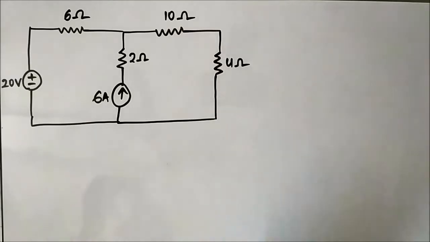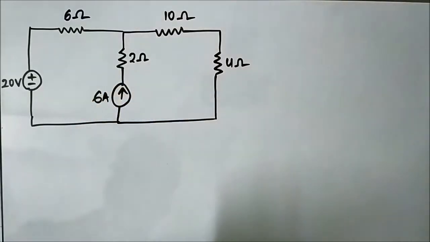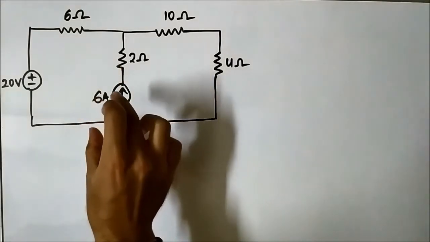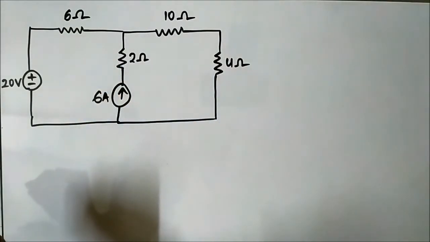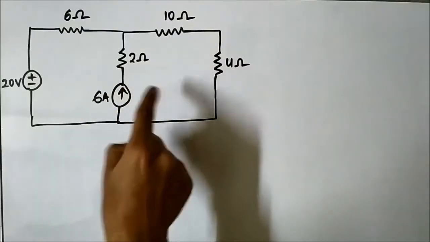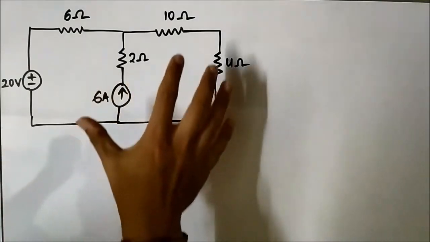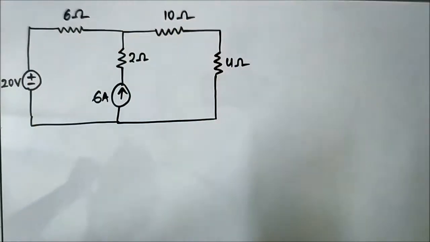So we have taken a circuit network, and as you can see, this independent current source of 6 ampere is located in between. It is common to this mesh and also to this mesh. That's why this is a super mesh analysis circuit.